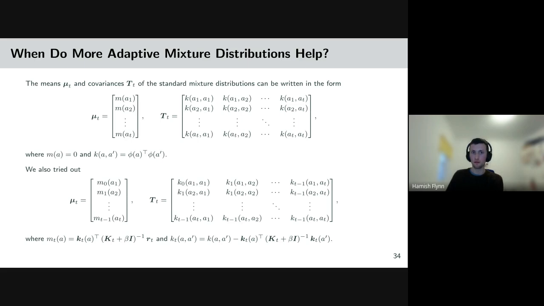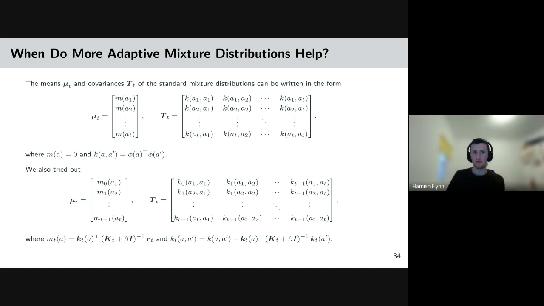So with this in mind, we also tried out mixture distributions in this form, where the mean function and covariance functions are updated in each round and are as follows. There are two reasons for this choice of mean function M_t and kernel function K_t.